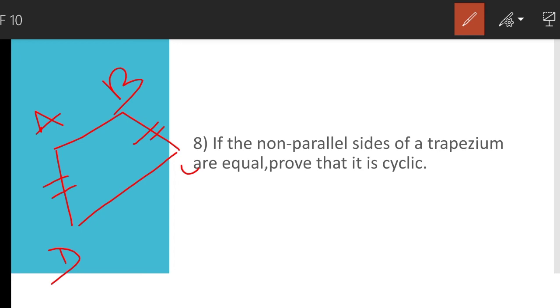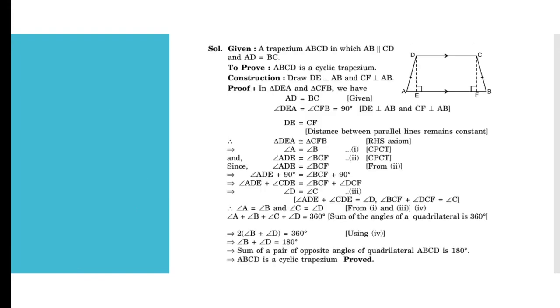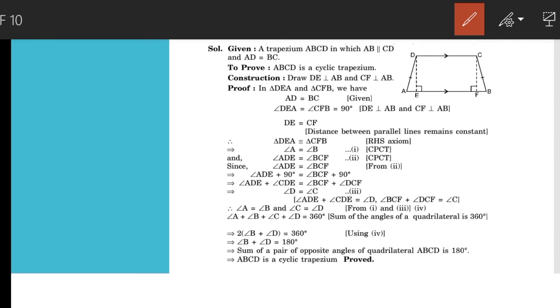We have to prove that ABCD is a cyclic quadrilateral. So the proof is like this. Given that ABCD is a trapezium with non-parallel sides equal and AB is parallel to CD, that we know. We have to prove ABCD is a cyclic trapezium or cyclic quadrilateral.